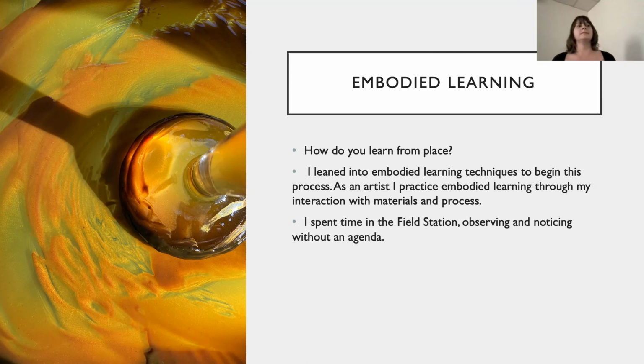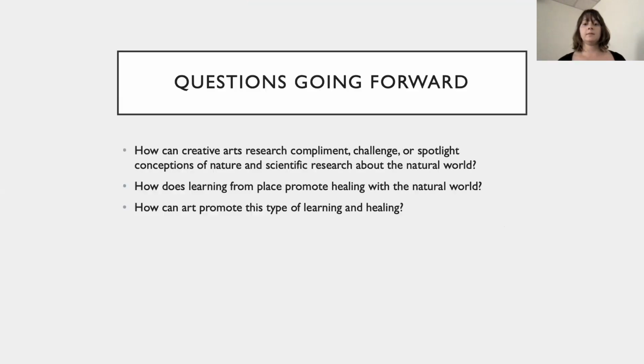I don't know that I have a question, but thinking about those three basic questions at the end that you offered, one of them alluded to how artists can help inform science.